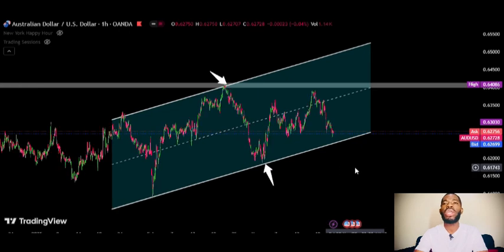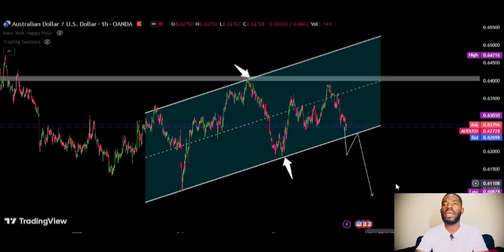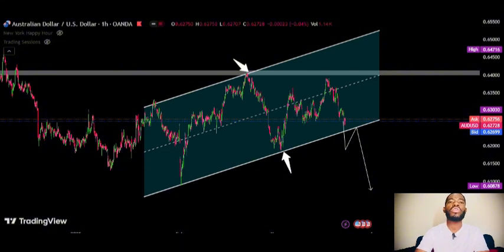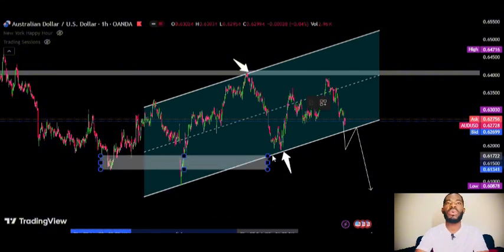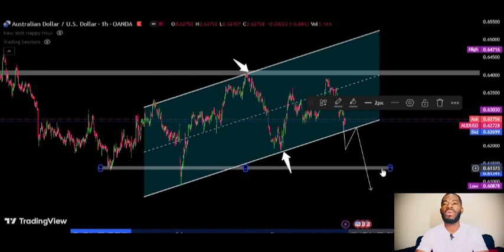All right, so now what we are looking at is for AUD/USD this coming week to break below this point. If it breaks below here, we are looking at a retest around this point before we can sell. Because there is also this area here which was previously a support area. We are going to draw that out.